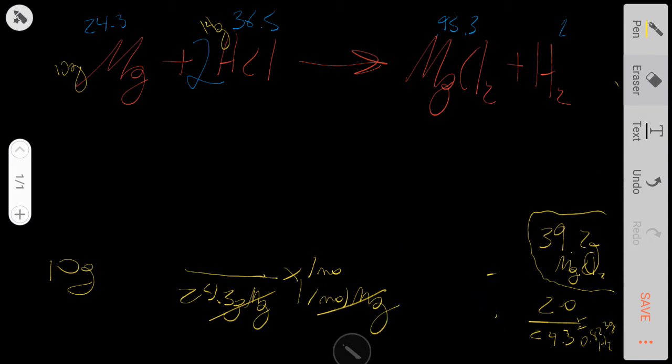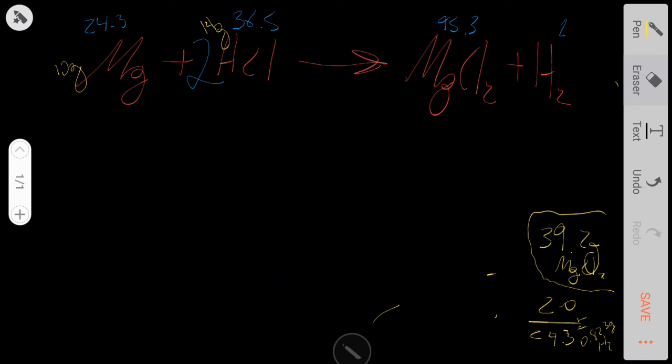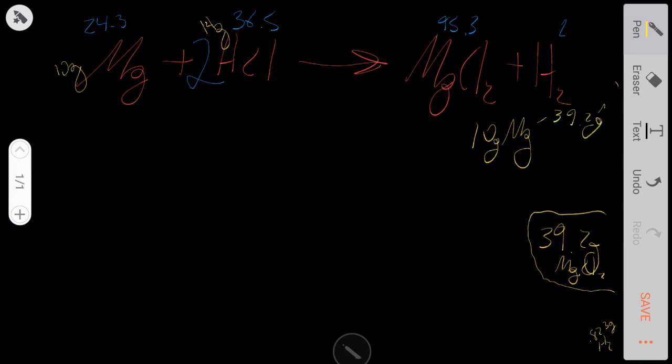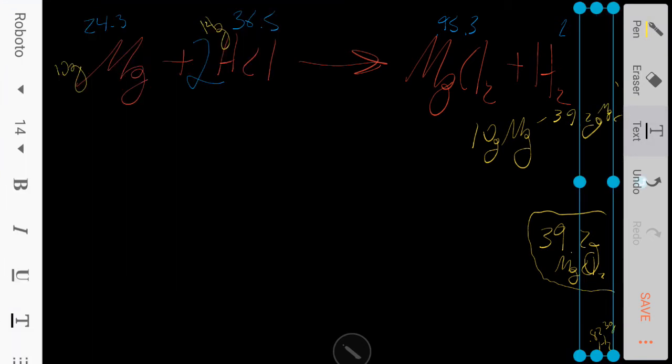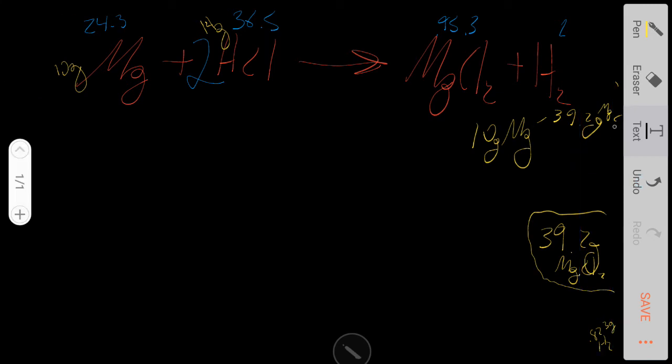And we'll rewrite those on the side. So for 10 grams of magnesium, I was able to make 39.2 grams. That looks terrible. I'm so sorry.